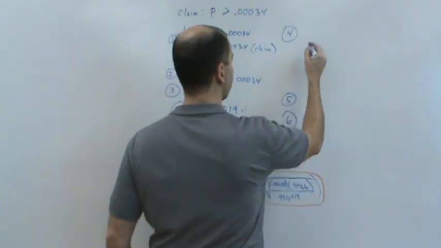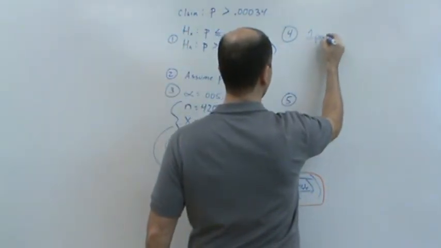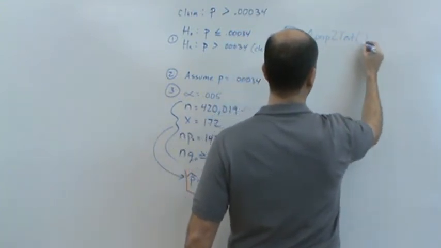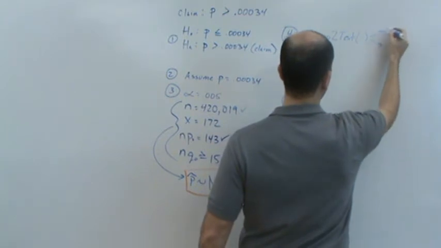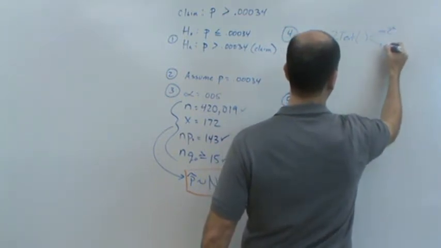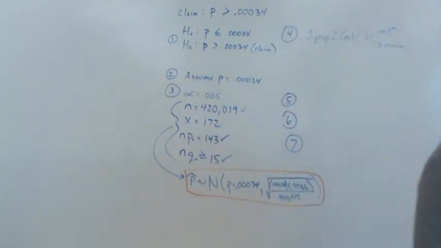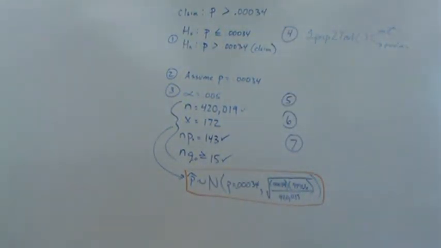Okay. So now I'm going to use one prop z int or z test, and I'm going to plug in the information. I'm going to get my z star and my p value. Okay, so I'm going to go ahead and plug in my values. P0 is 0.00034. My X is 172.